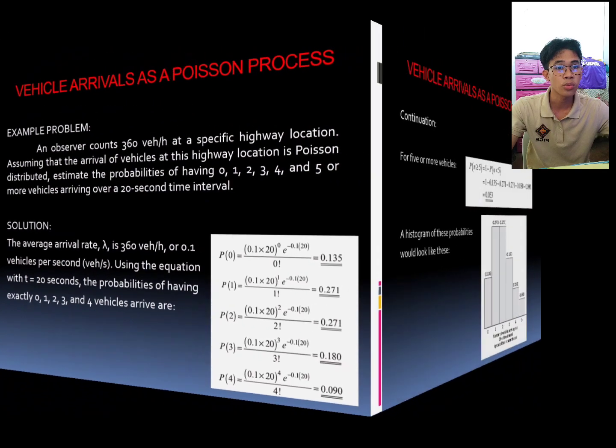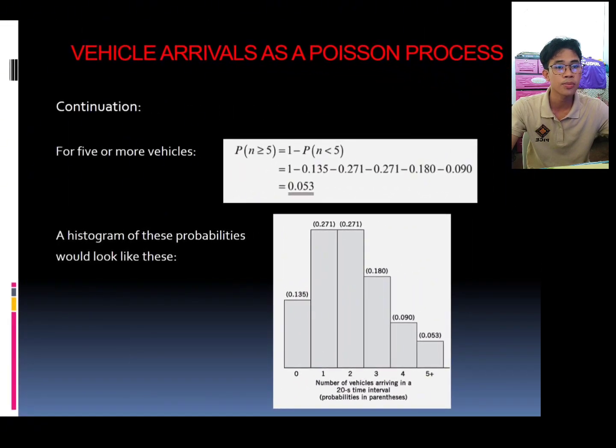For 5 or more vehicles, we use the formula P of N greater than or equal to 5 equals 1 minus P of N less than 5. Putting in the values, we get 1 minus 0.135 minus 0.271 minus 0.271 minus 0.180 minus 0.090, and we get the final value of 0.053.